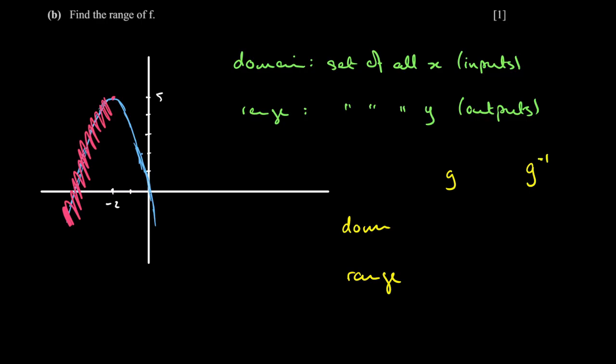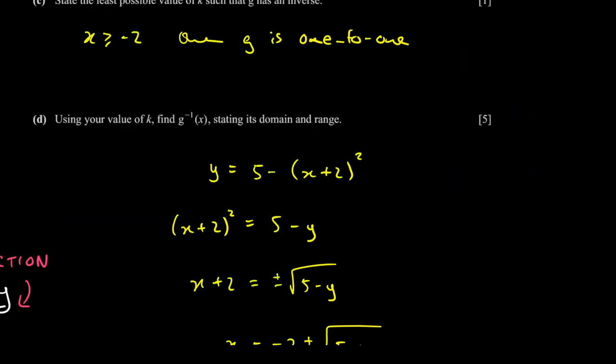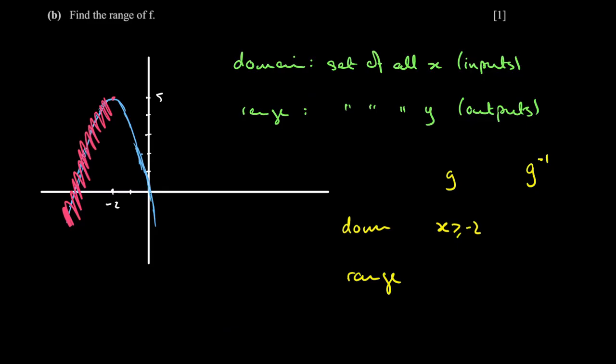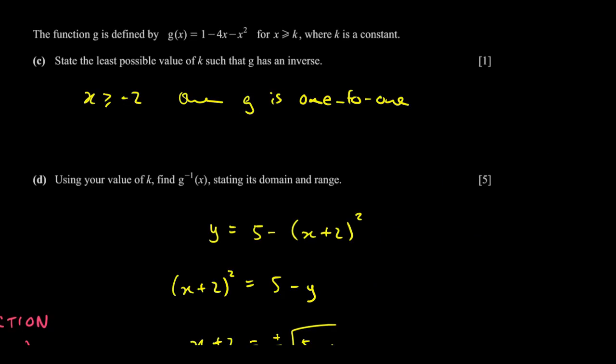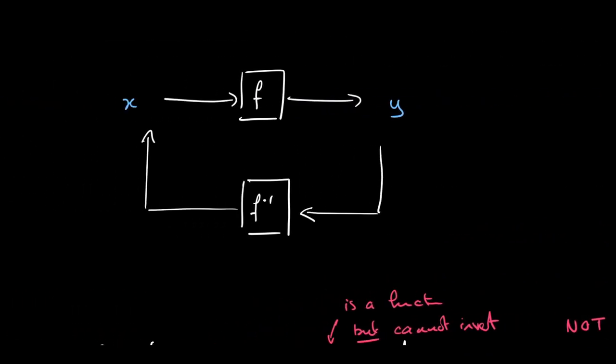Okay, so the domain of our function we've just said is x is greater than or equal to -2. Yeah. And the range is y is less than or equal to 5. Now, let's have a quick think about it. If we're talking about the inverse function, then if we go back to this diagram, all of my inputs to the original function are x greater than or equal to -2, and the outputs are all the y's which are less than or equal to 5.